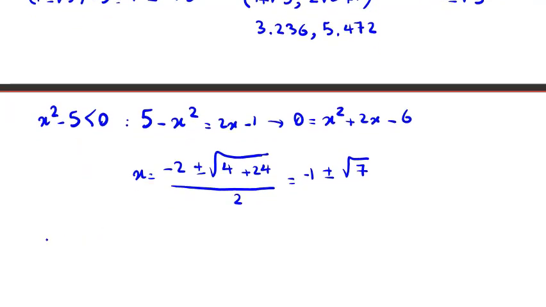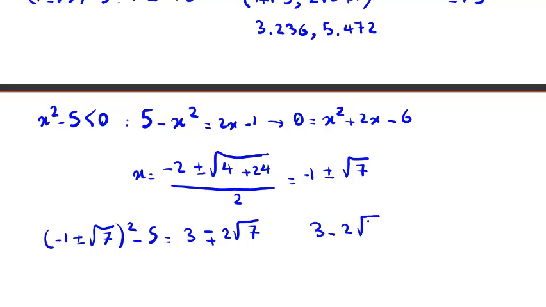And if we replace here, it will be negative plus minus root 7 squared minus 5, which will be 1 plus 7, 8 minus 5, 3. 3 here, it will be negative, because we have negative, negative, positive 2 root 7. It should be less than 0, so we can only select 3 minus 2 root 7, this one. It means we should select plus here, so x will be minus 1 plus root 7, and y will be 2x minus 1, which is 2 root 7 minus 3.